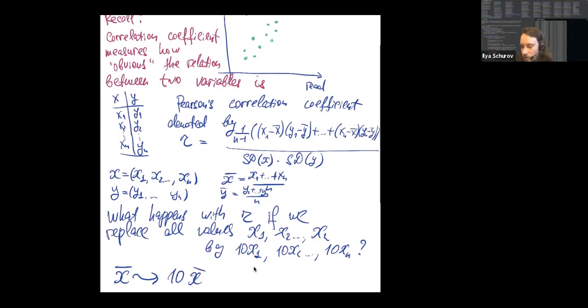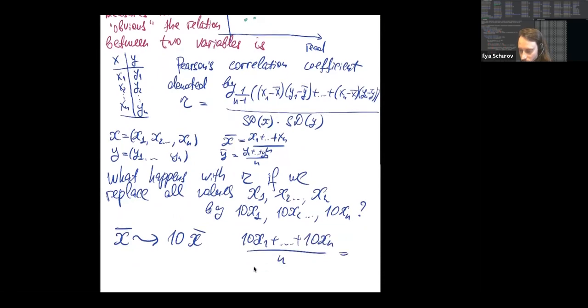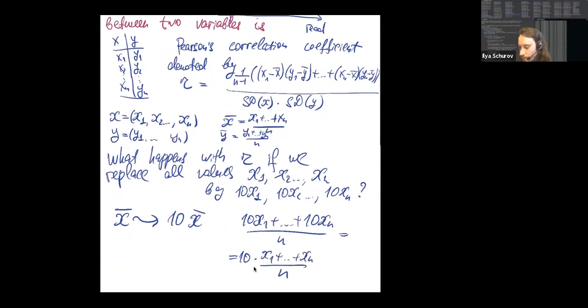This is correct because you can look at this formula and see that 10 x1 plus and so on plus 10 xn over n is just like 10 times x1 plus and so on plus xn over n. You can move this number 10 out of this expression and just put it near this fraction. And so we see that indeed this will be multiplied by 10.